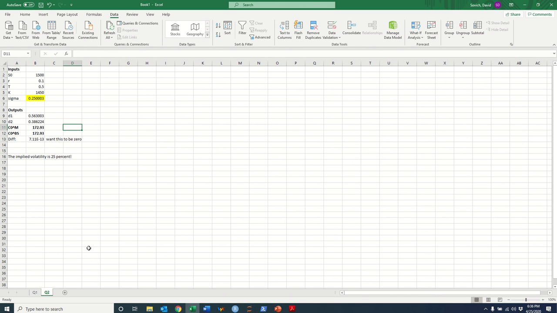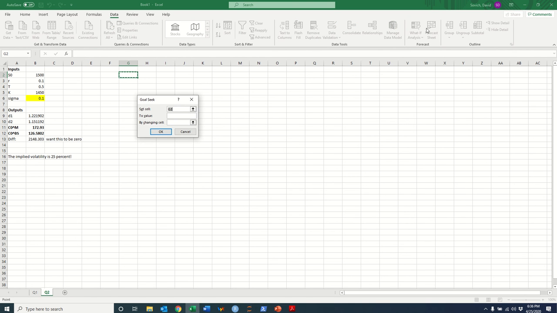That's actually not the way I did in the slides or recommend it. The way I do it in the slides is say you have this arbitrarily chosen value of sigma. What I tell you guys to do is to use goal-seek again, top right-hand corner, What If Analysis, under the Data tab in Excel. I tell you to use goal-seek to set this square difference term right here, which captures the square difference between the Black-Scholes and the market price, equal to 0 by changing this input sigma over here.